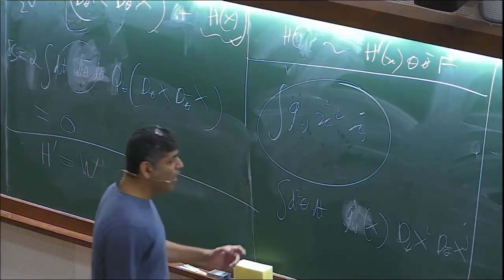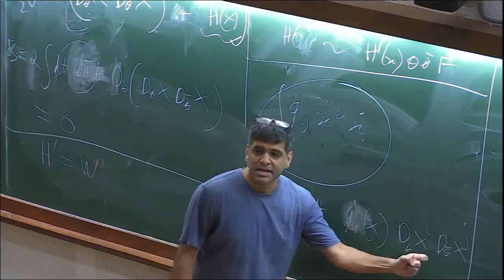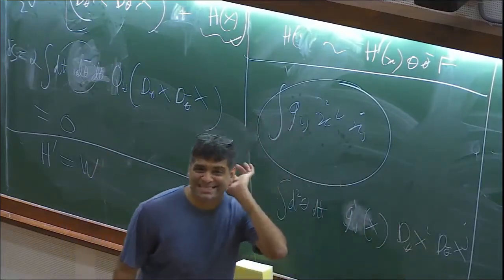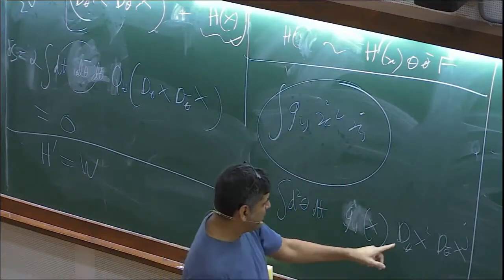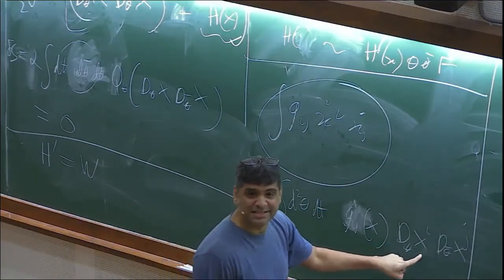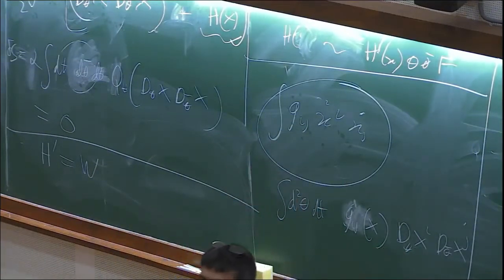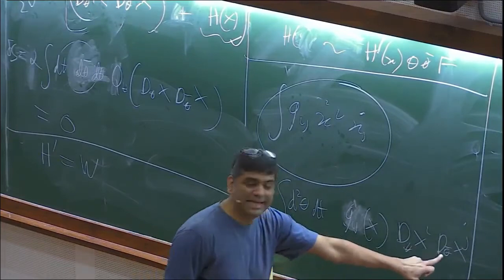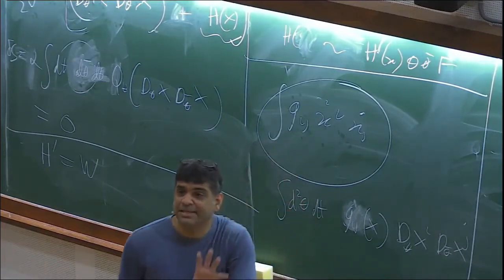Moreover, let's look at its dependence on little x^i. When I take D theta x^i, there is a term which is theta times d by dt. And D theta bar has a term which is theta bar times d by dt.